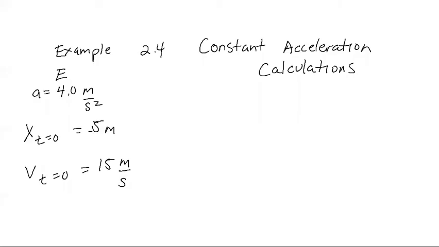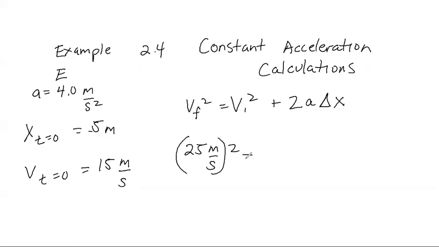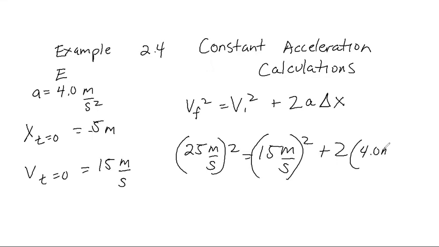All right, for challenge B, we want to know where he is when his speed is 25 meters per second. For this, we'll use the no time equation, all right? So we have V final squared equals V initial squared plus 2A delta x, and we are solving for delta x. So V final is 25 meters per second, squared, equals 15 meters per second, also squared, plus 2 times 4.0 meters per second squared times delta x.